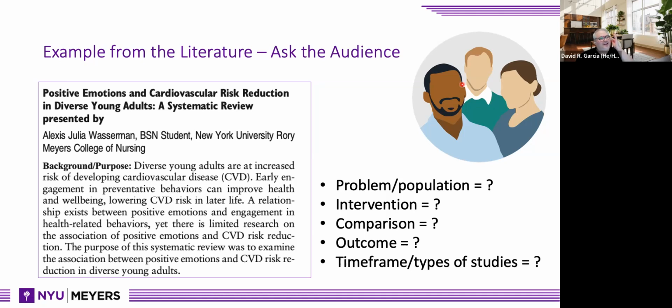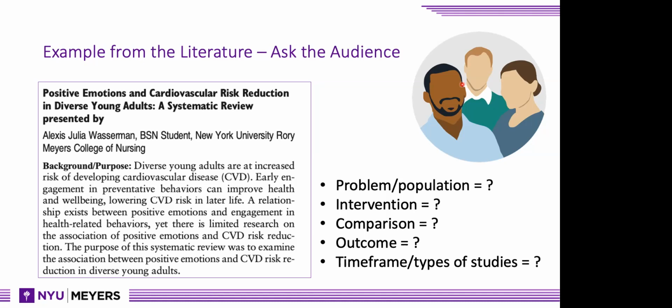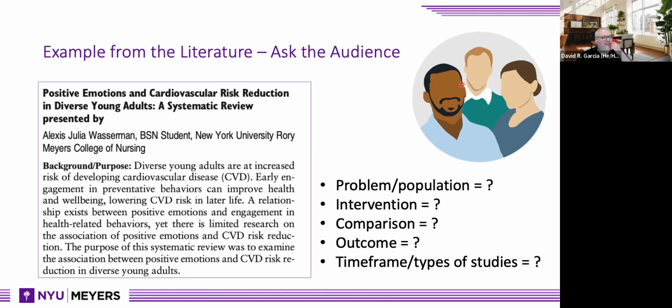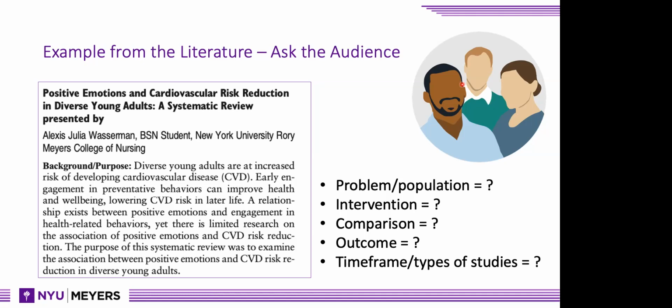Adrian, are you there? Oh yeah, I was just on mute. Okay. The intervention is about the association, or I guess preventative behaviors, and improving well-being in relation to cardiovascular risk reduction. Okay, can you repeat that one more time, Adrian? Sure. Is the intervention about doing preventative behaviors to associate positive emotions to cardiovascular risk reduction?